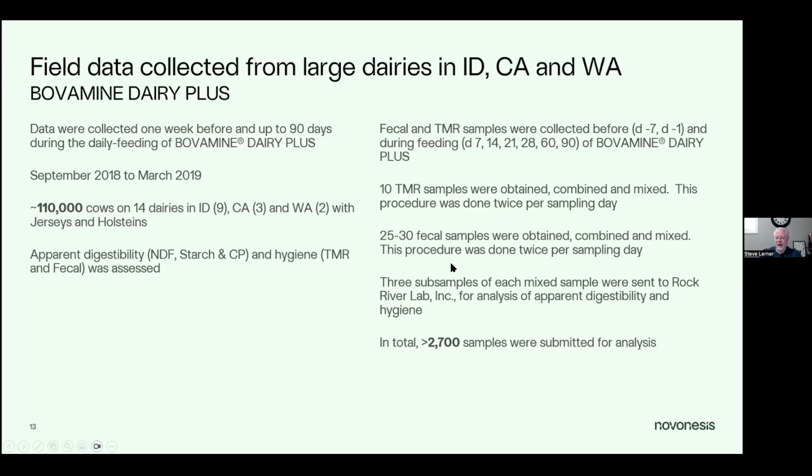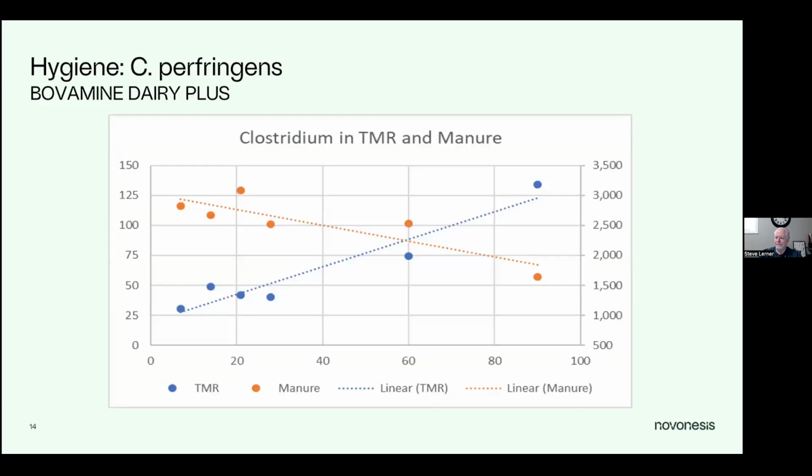We collected 25 to 30 fecal samples, combined them, again, looked at that twice a day per sampling day. From each of those samples, 3 subsamples were analyzed at Rock River Labs to look at the change in apparent digestibility and hygiene. That was a total of about 2,700 samples run for this trial. So I consider that to be pretty reasonable pre-work prior to launch.